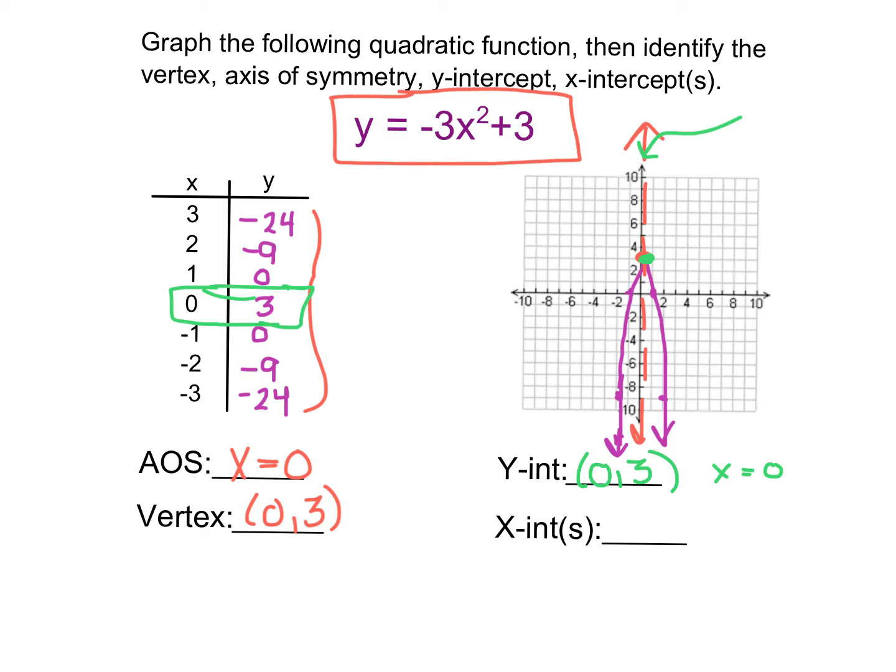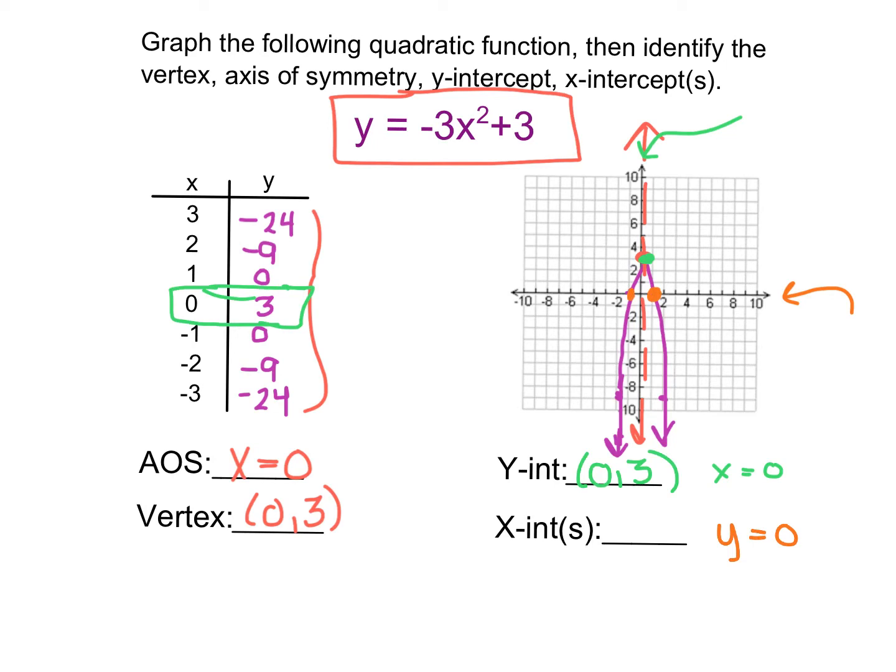Then the second point that we need to find is the x-intercept. And the x-intercept occurs when we cross the x-axis. We also know that this occurs when y is equal to 0. So we're looking for either where y is equal to 0 or the points where we cross the x-axis, which are right here.